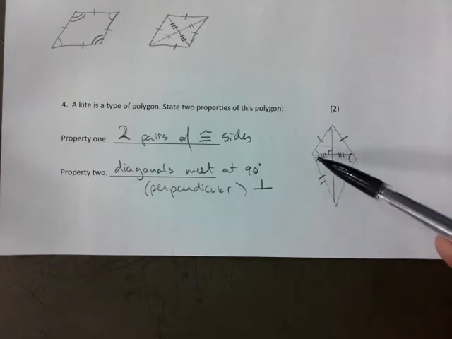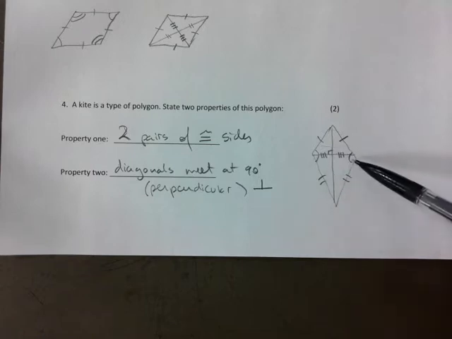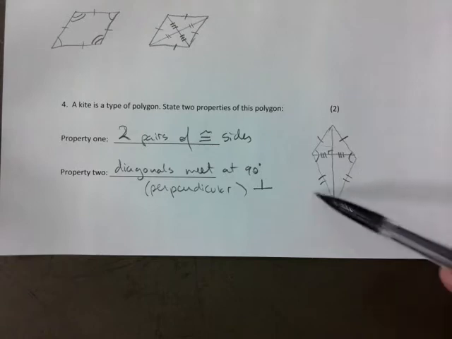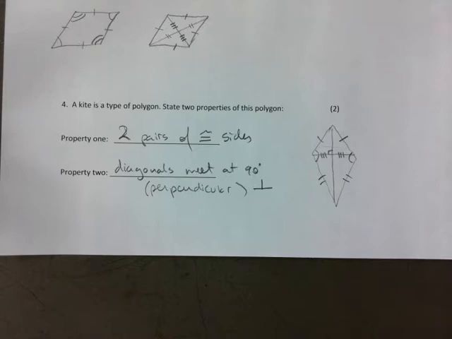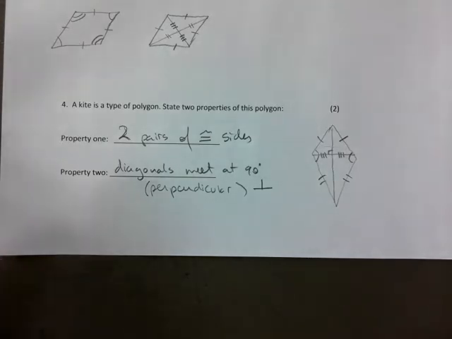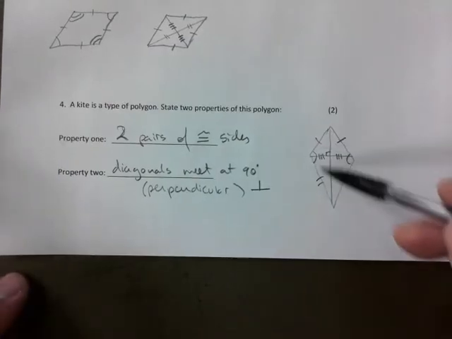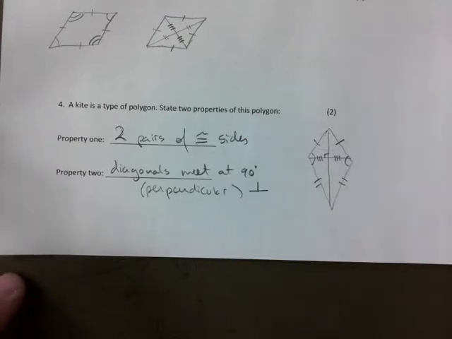You could say that there's 1 pair of congruent angles. You should be able to just look at it and know that all of those things are true, right? You know what? The sum of interior angles is 360, could also be 1. If you add up all 4 angles, it's 360 degrees, right?